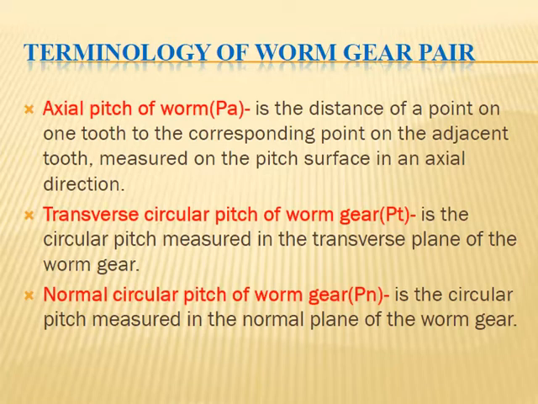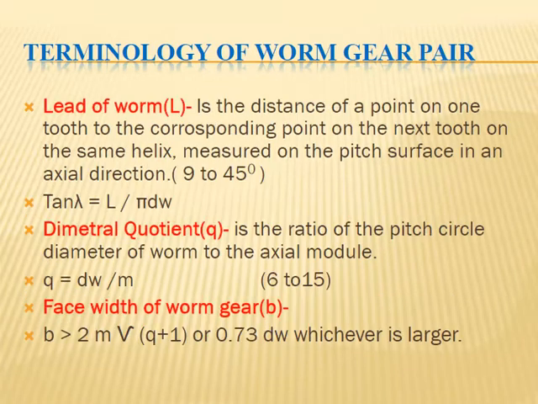And again this Pn is equal to Pt into cos of psi g, so pi mn is equal to pi m into cos psi g, which means mn is equal to m into cos of psi g.